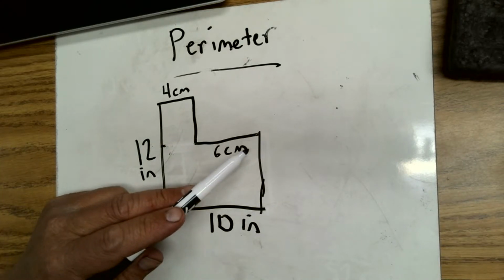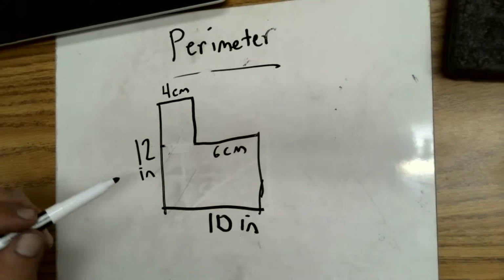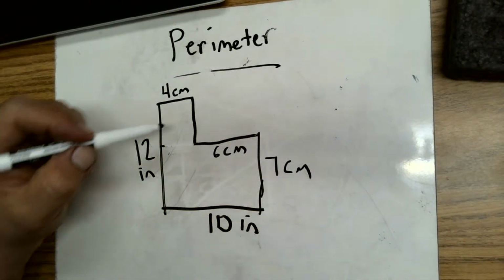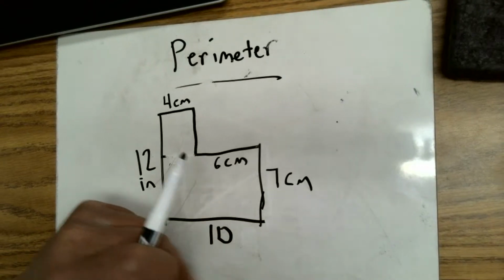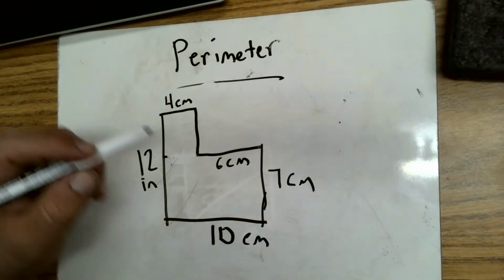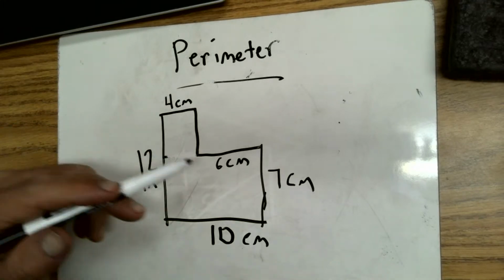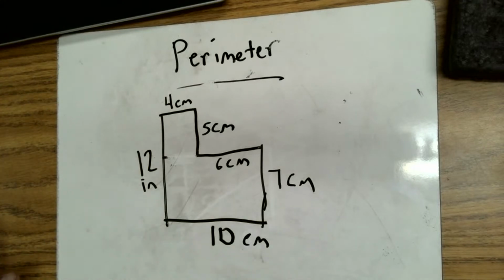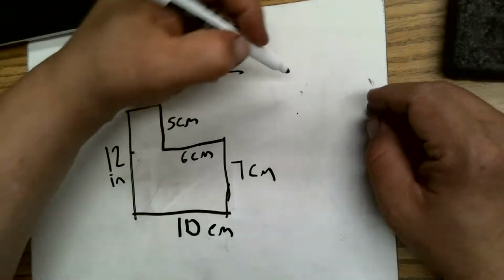This is 12. Well, let's see here. This one is a little longer than this one. So you can do 7 centimeters. Oops, I switched from centimeters to inches. Even Mr. Cox makes mistakes, even when he's live on his videos. At least I didn't have my math wrong. And this is 5 centimeters. So I'm going to start adding all of them together.